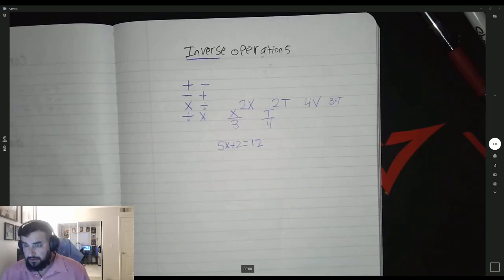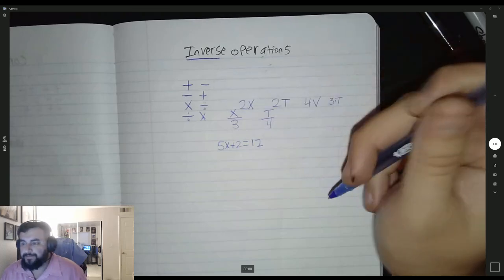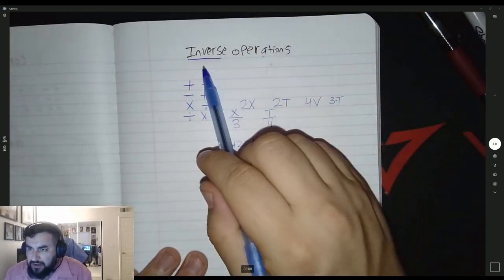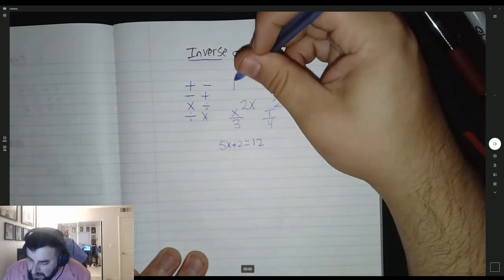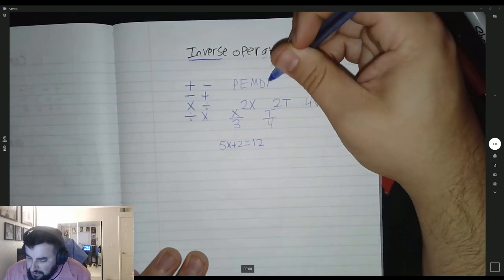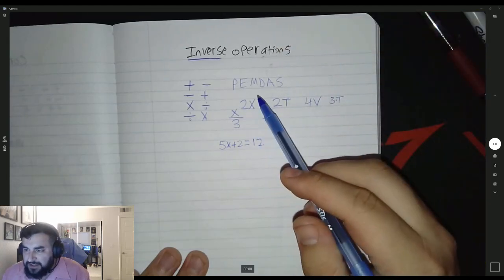That's the question. Now we're going to go back to the word inverse. We always have our order of operations, but when you see inverse operations, you got to think about PEMDAS: parentheses, exponents, multiplication, division, addition, and subtraction. Please excuse my dear Aunt Sally.